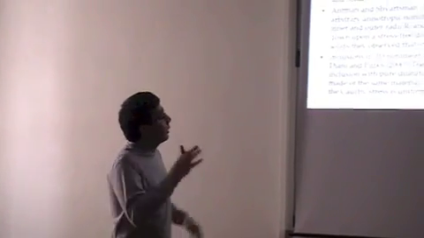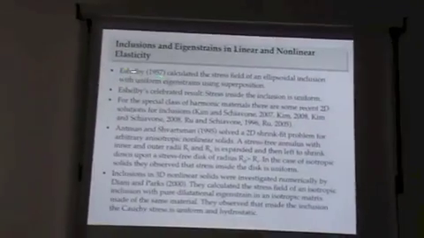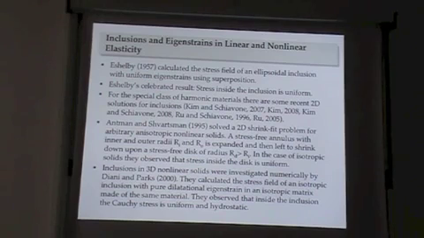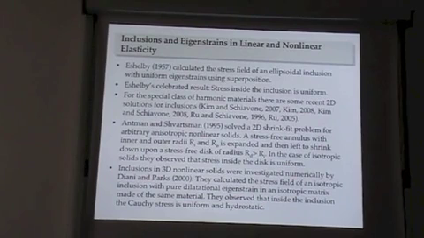Okay, so very quickly, inclusion. So this goes back to Eshelby. This paper by Eshelby, in the Proceedings of the Royal Society, as far as I know, is the most highly cited paper in solid mechanics, more than 6,000 citations, which is a lot for mechanics.